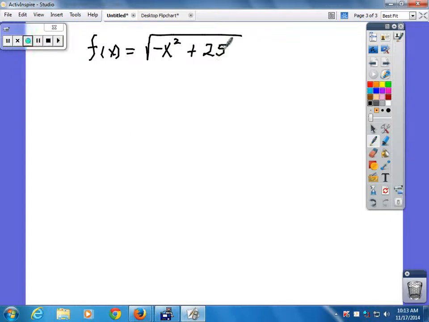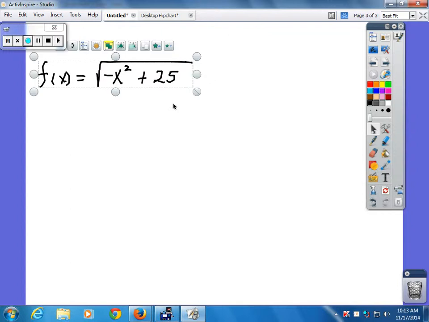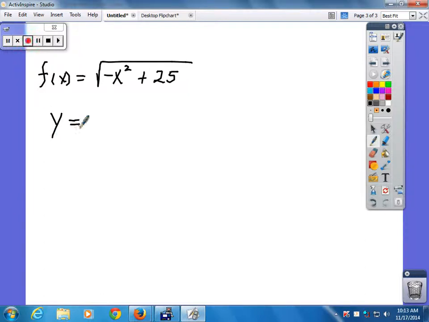Now that's our function, and we want to find our inverse function. So the first thing we do is change this to y. y is the square root of negative x squared plus 25. Now let's change the y and the x.